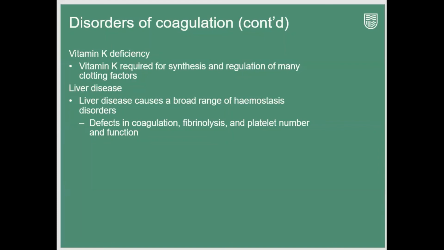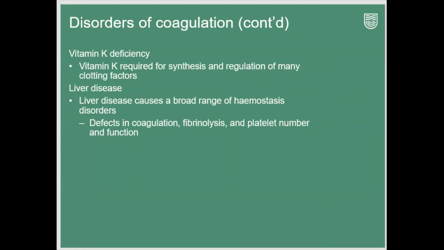Okay, now there are a number of other disorders of coagulation, and some of these are called acquired disorders. So coagulation factors 5, 7, 9, 10, 11, and 12, plus prothrombin and fibrinogen, are actually synthesized in the liver.